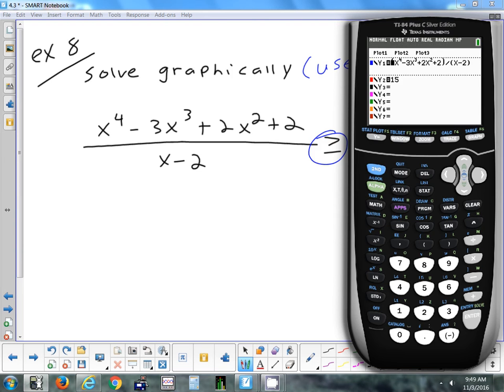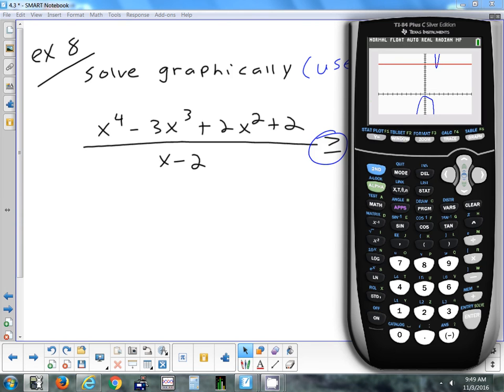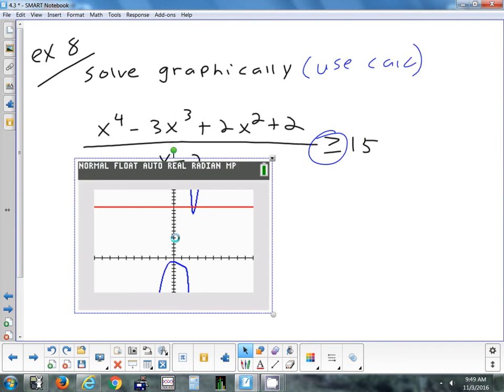Okay, so there's the part you were seeing before. All right, and I want to know where we are above 15. Well, do I need to worry about anything in the bottom section in terms of being above the red line? No. I just have to worry about this top section.